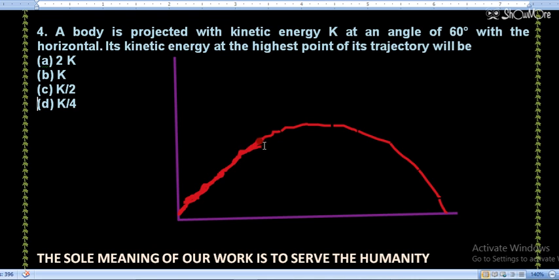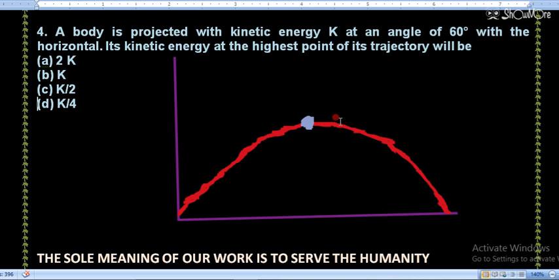The vertical component of velocity will be 0, because at the highest point the body is not going vertically upward or downward. So at the highest point the vertical component will become 0, but we have the horizontal component, that's why the body is going again in the forward direction. Let's suppose this is the highest point.